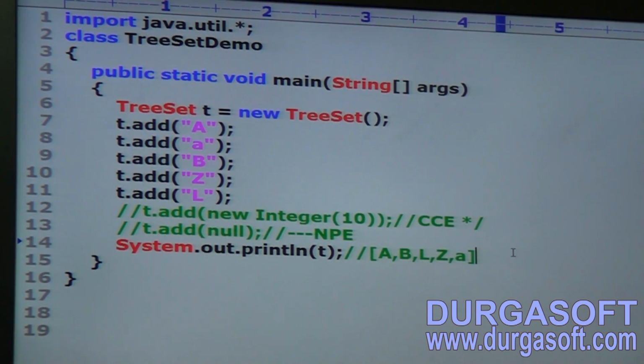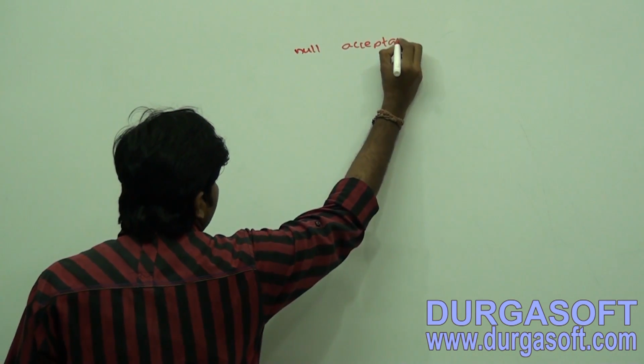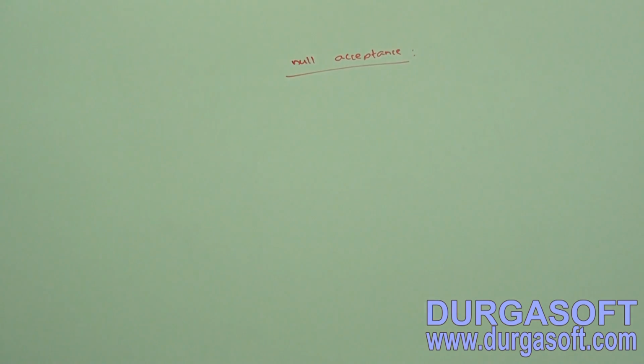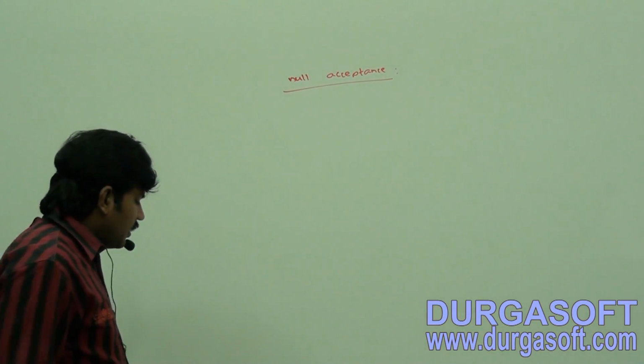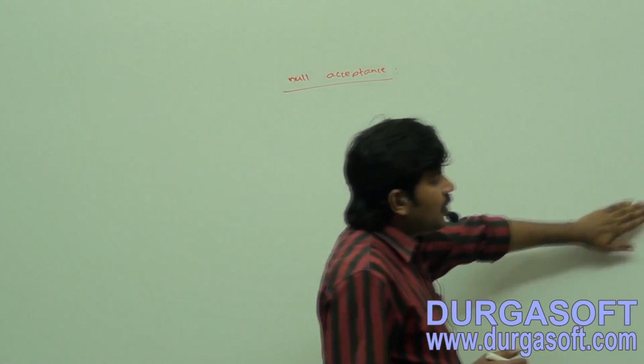Just observe, keep the subheading: null acceptance. There is a big story about null acceptance. Related to null acceptance there are multiple loopholes.